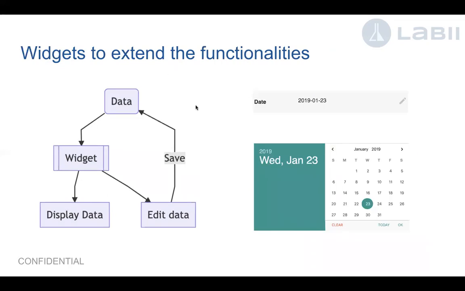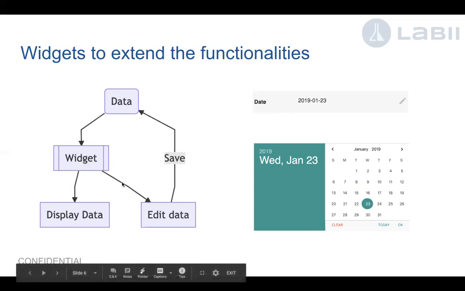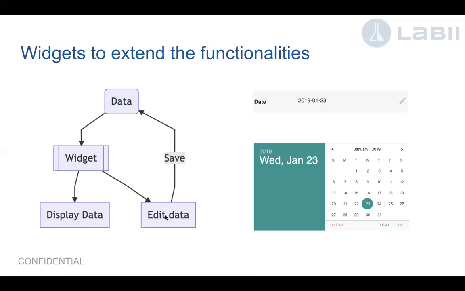Similarly, in research, different kinds of labs have different requirements, so to meet the requirements of every single lab, we use these widgets. A widget can just display data, and you can also use a widget to edit the data. Once you finish editing, you can save the data back to the database.